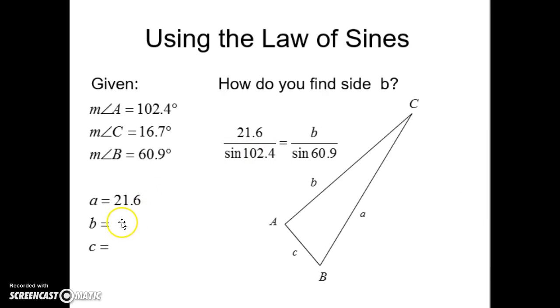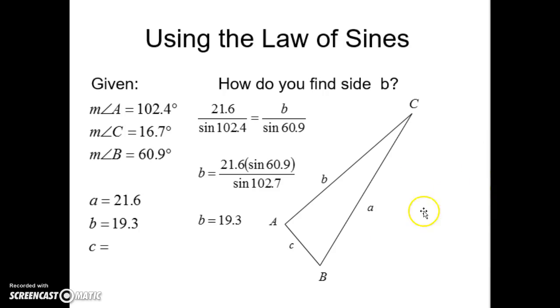And if we want to be accurate to 1 decimal place, I would warn you again, you want to carry this value greater than 1 decimal place, so that once you do all of this math, you want to give this value greater than 1 decimal place as well. So when you do all the math and you actually solve for b and you round it to 1 decimal place, you're absolutely certain of the accuracy of that one decimal place.